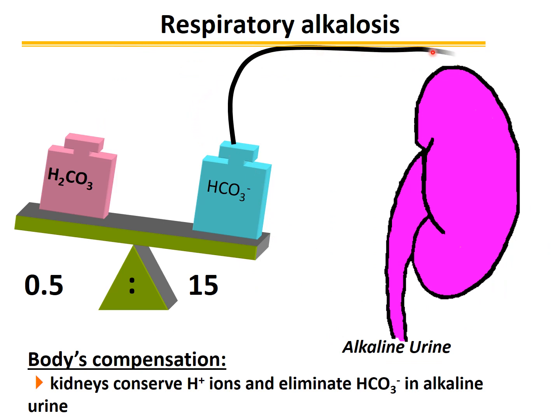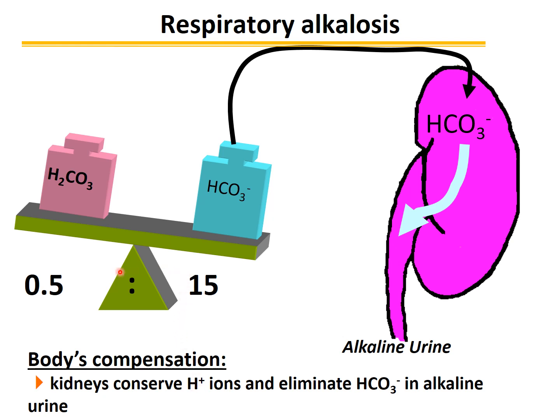Well, the kidney is the only source that can somehow regulate the system. Because we have relatively more bicarbonate, the kidney lets the bicarbonate pass through to the urine, making alkaline urine. Plus it is going to conserve or resorb the proton concentration.